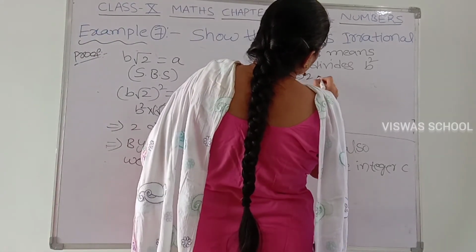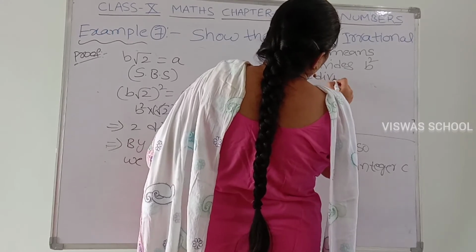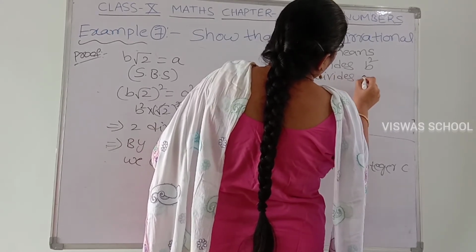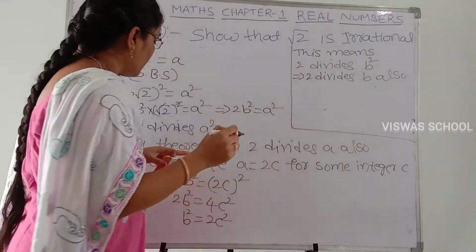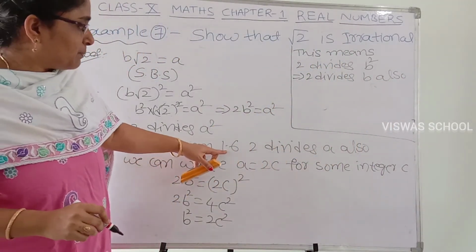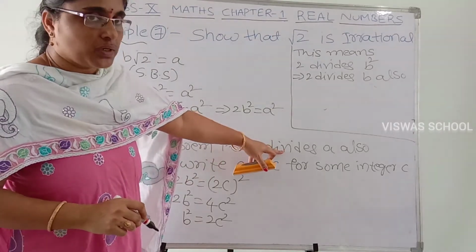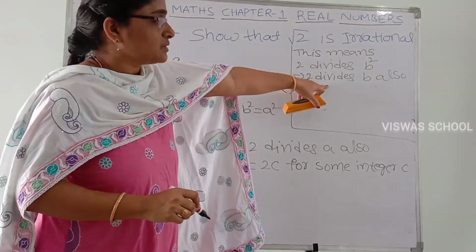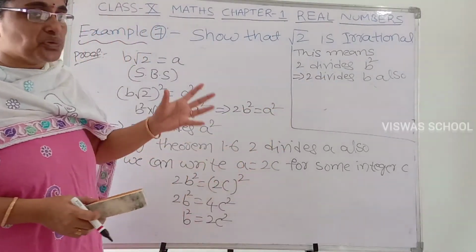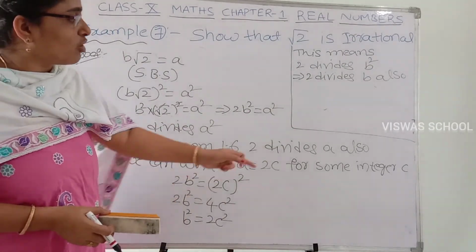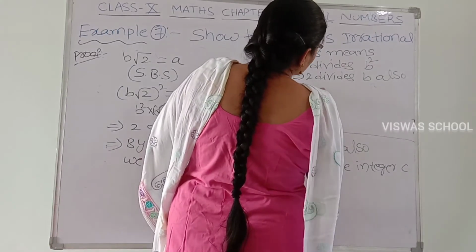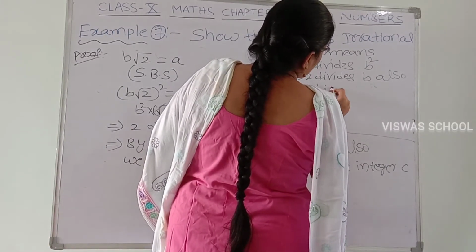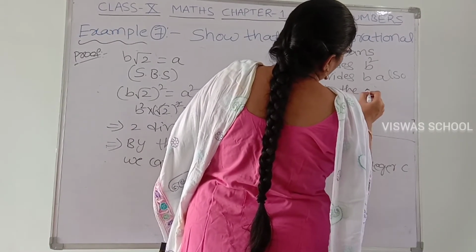By theorem 1.6, 2 divides A, and 2 divides B. That means 2 is a common factor of A and B. Therefore, 2 is a common factor of A and B.